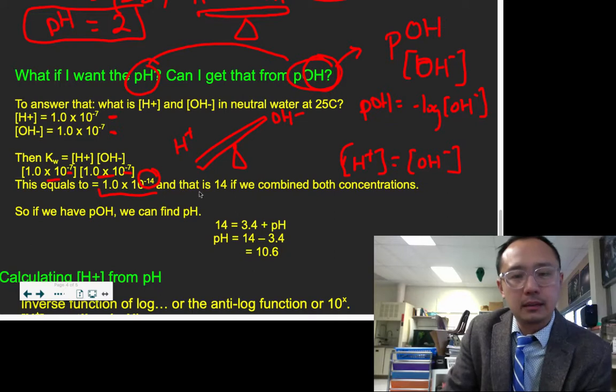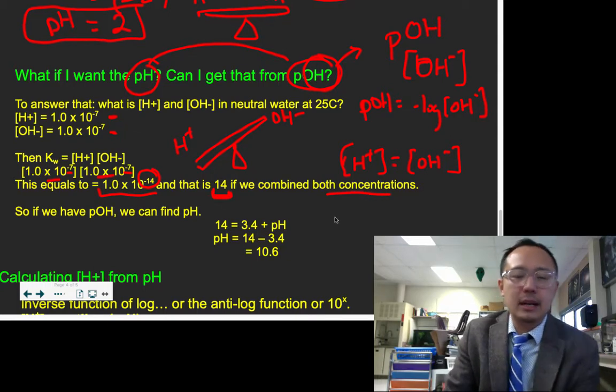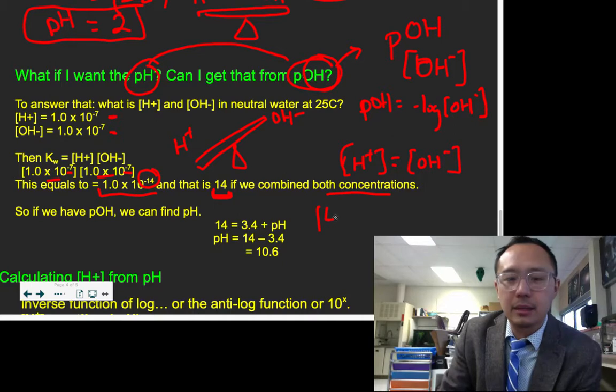If you were to take the negative log of that, you will have 14. That's the total if we combine both concentrations. So you can break down that equation to 14 is equal to pH plus pOH.